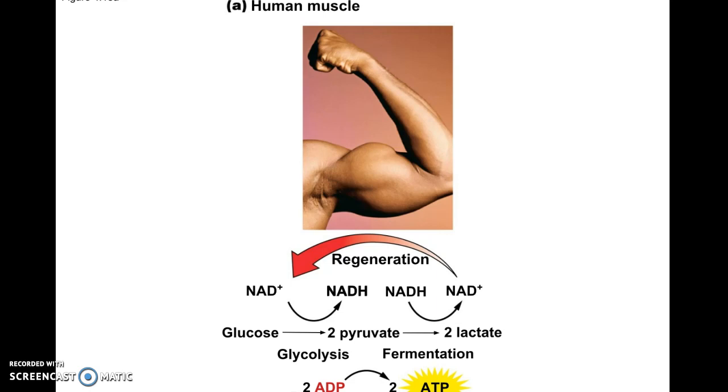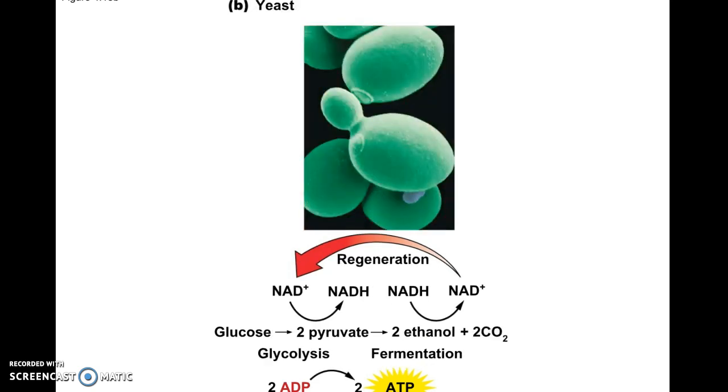Okay, so that's human and animal cells. Another kind of fermentation happens in yeast cells and other microorganisms, where instead of producing lactic acid or lactate, they are producing ethanol and carbon dioxide. So they do the same glycolysis, pyruvate, but that's converted to ethanol instead of lactic acid.